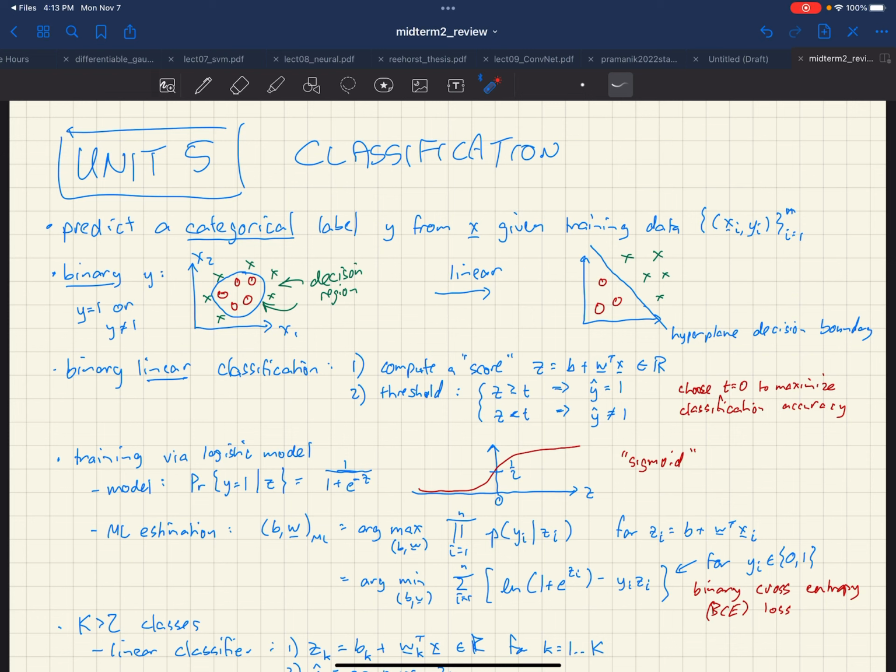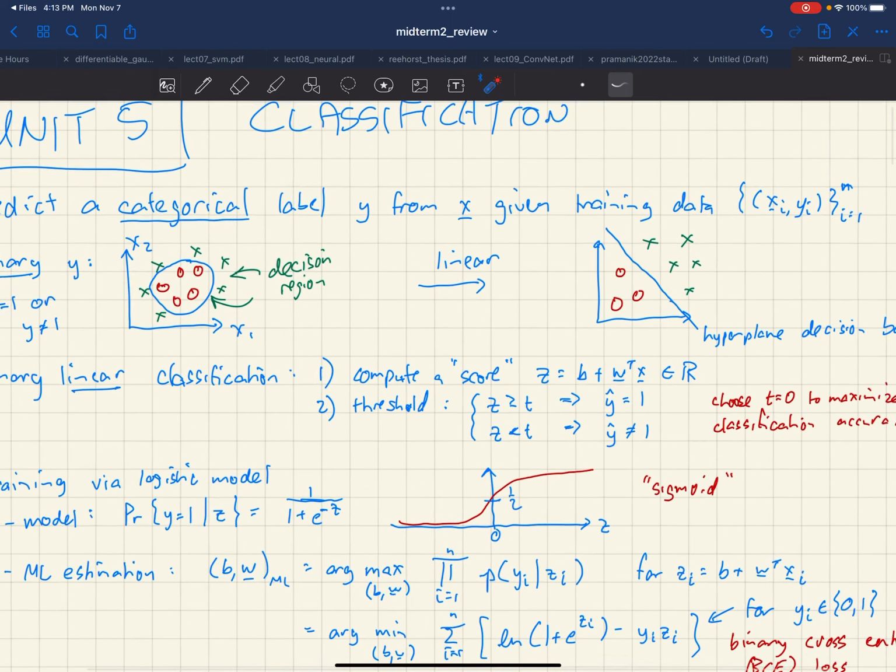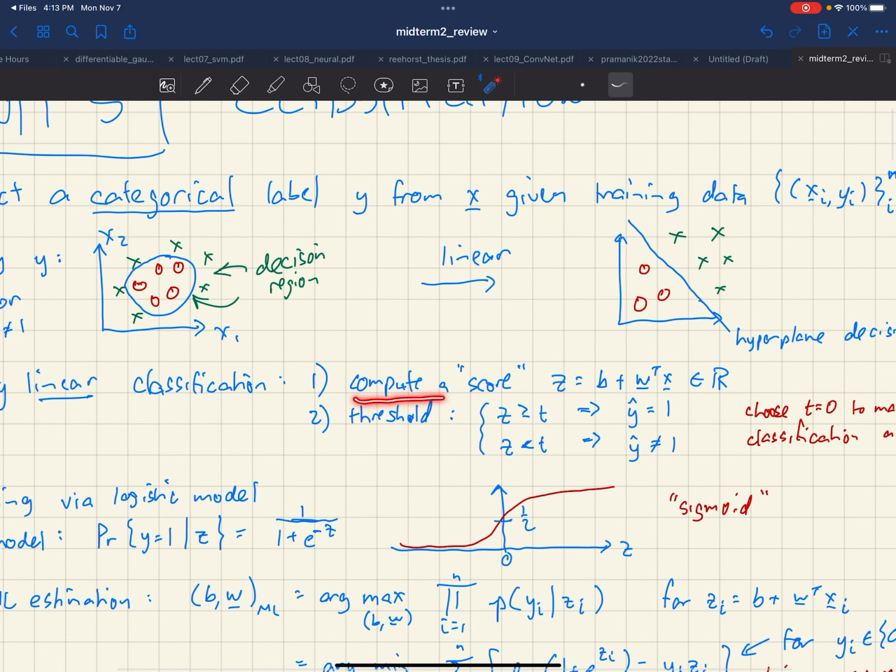In more detail, in binary linear classification, we can think of it as a two-step process. The first step is to compute a score, which we call Z, just a real number, that is the bias B plus W transpose X. Here W is a vector of our weights of the same dimension as the number of features in X. So this number Z will be larger, closer to positive infinity, the more confident we are that the label is 1.